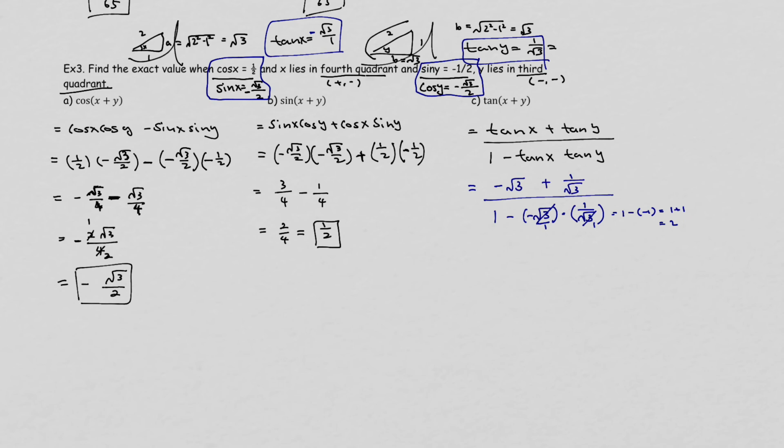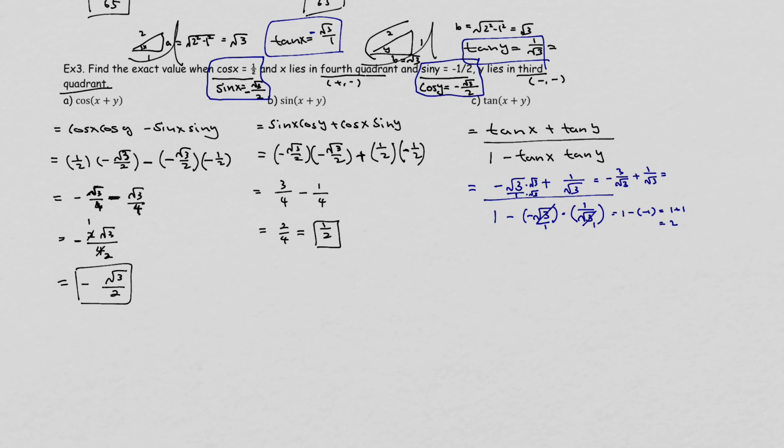Let's look at the numerator. In the numerator, you need to have the same denominator. So when you look at square root of 3 over 1, you have to have the same denominator. So you multiply square root of 3 and square root of 3 on the numerator. It gives you negative 3 over square root of 3, plus 1 over square root of 3.